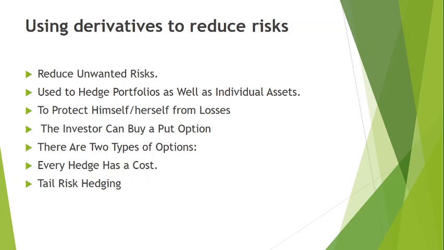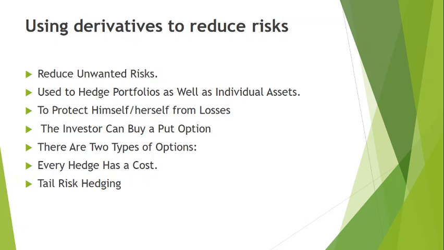To protect himself or herself from losses, the investor can buy a put option on the company that gives him or her the right to sell ABC at a specific price. This means that if the stock falls past that price, the losses will be offset by gains in the put options.